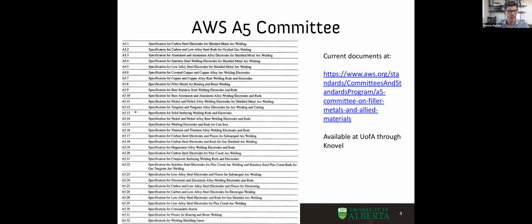I'm a member of one of these committees, 5.13, that is for materials that are made for hard facing, overlays, wear resistant materials. But this is a little one about all of these other things we have, whether it's carbon steel, low alloy, aluminum, but even we have magnesium, right? It's so much.